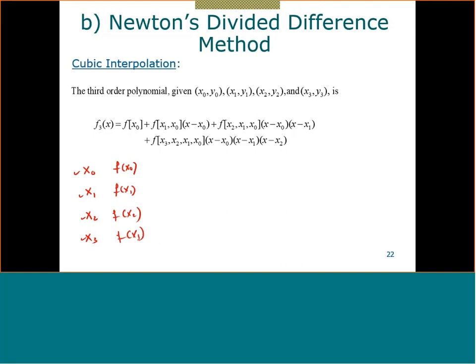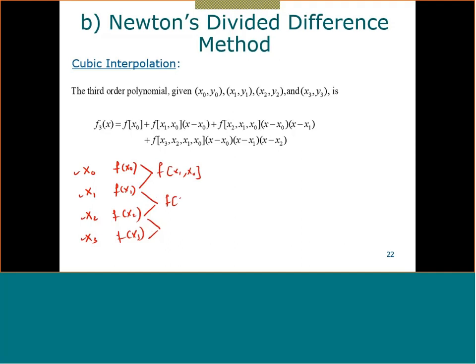Now, what I will do is the following. This is the pattern that I was talking about. So now, f of x of 0, and this is f of x 1, x of 0.